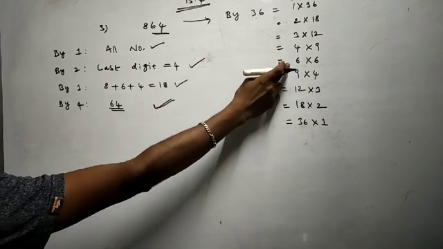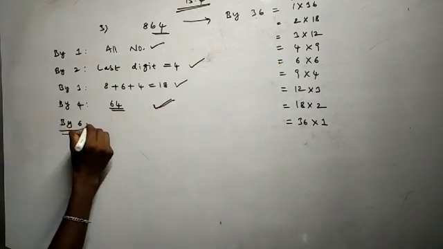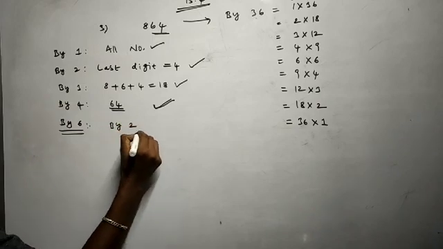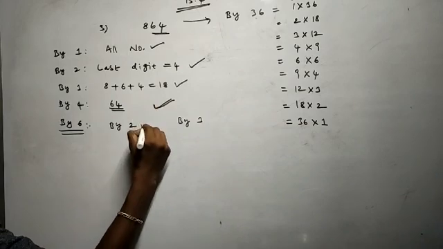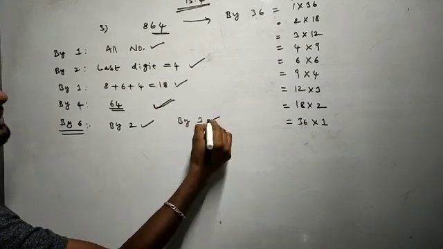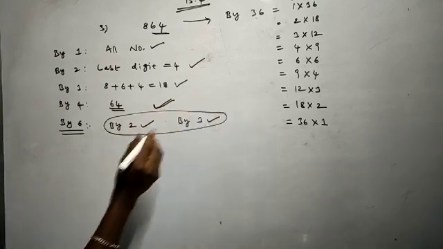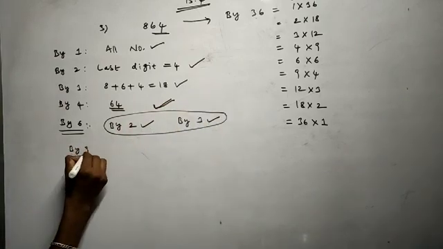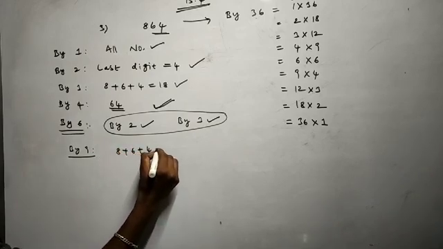Next by 6, right? By the 6 divisibility rule, by 2 and by 3. Look at by 2, yeah, it is divisible. By 3, it is also divisible. So overall by 6 also divisible. Correct? Next by 9. By 9, also sum of the digits, 8 plus 6 plus 4, 18.